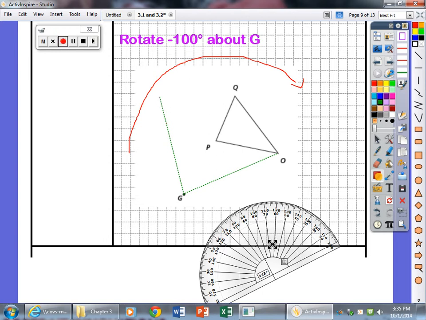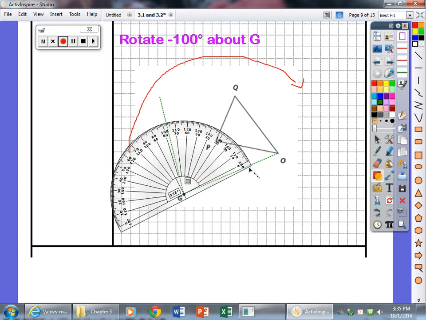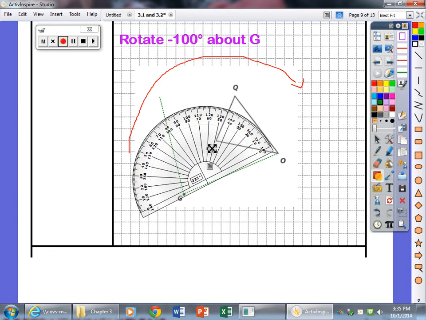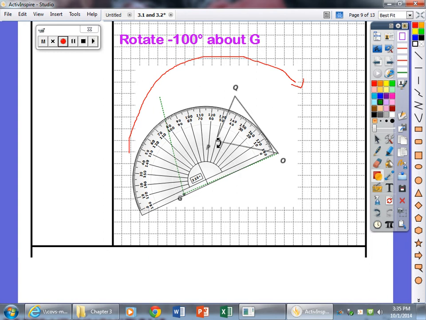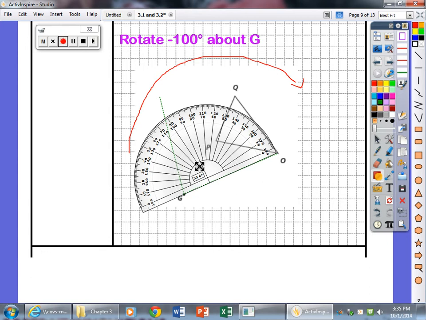Now the second thing I have to do is measure a distance as to how far it is over to O, and I don't actually have my ruler here, so I'm just going to use my protractor to estimate. If I put the protractor on, and I'm estimating it's right about in this area, I'm going to leave that on there.